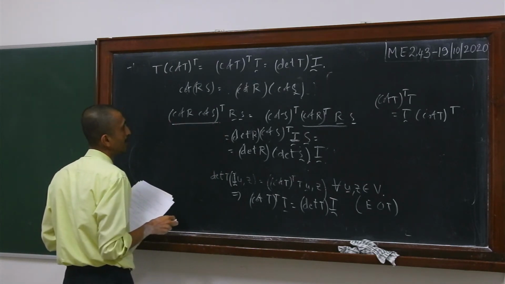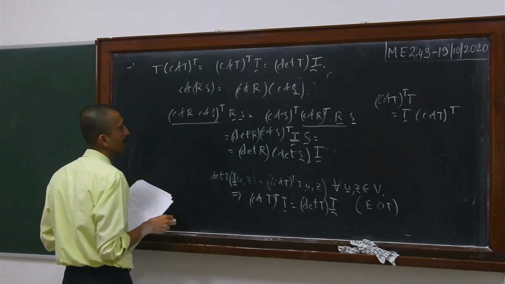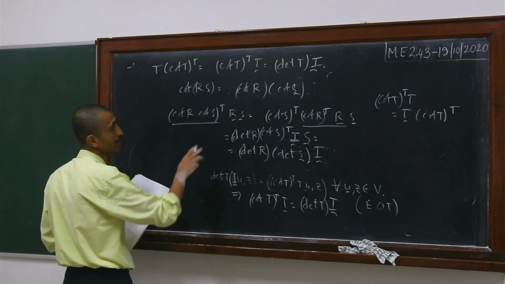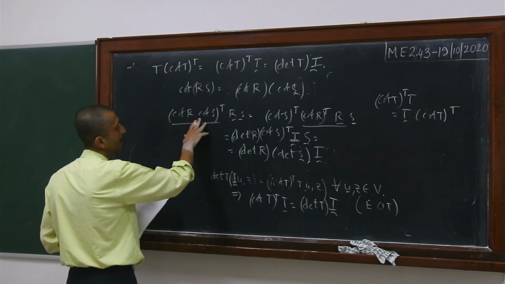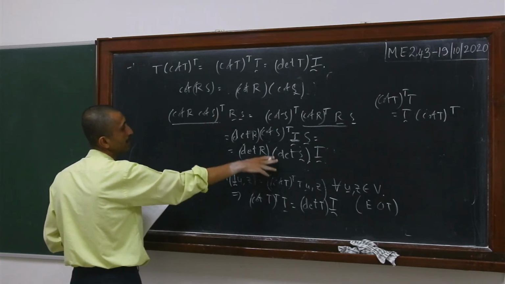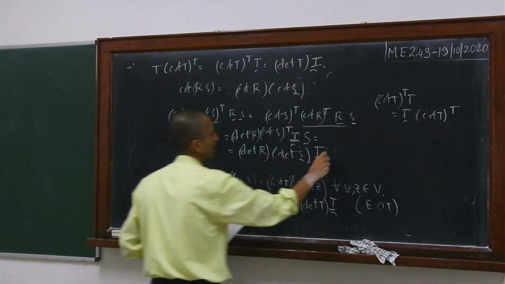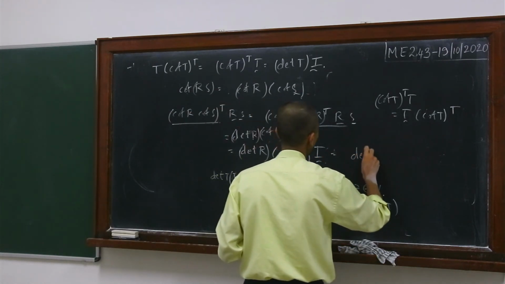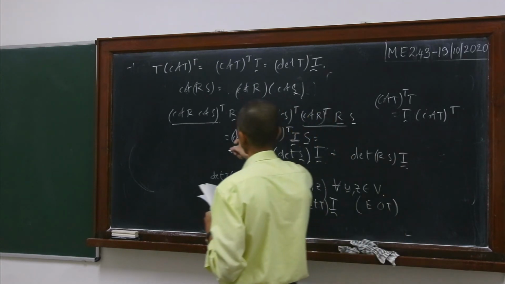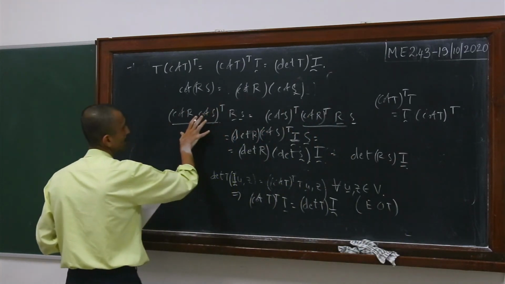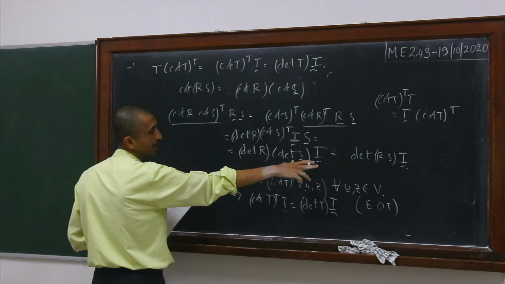This is actually determinant of RS times identity. So we have shown that cofactor RS transpose times RS is equal to determinant RS times identity.